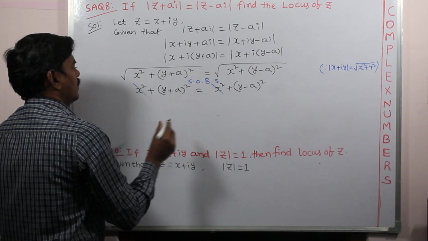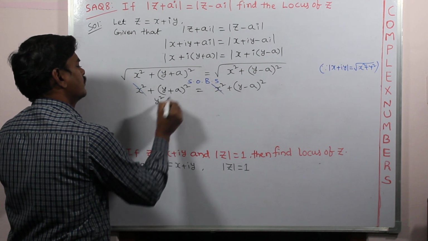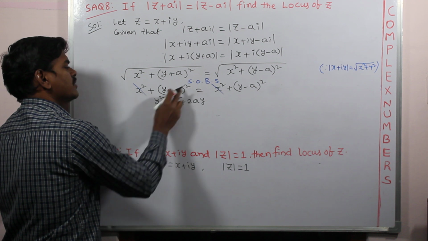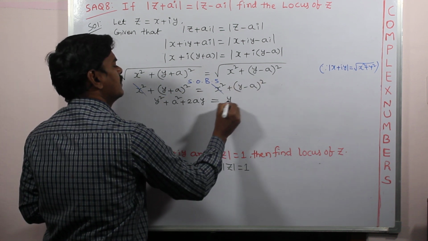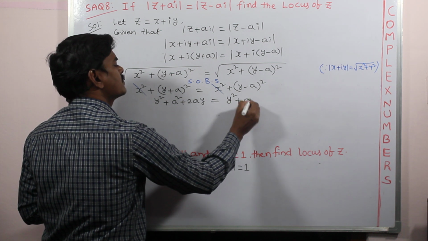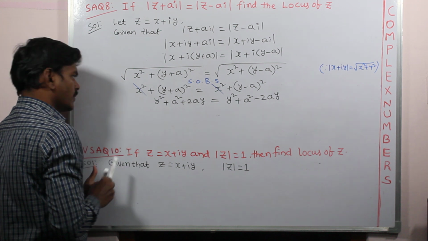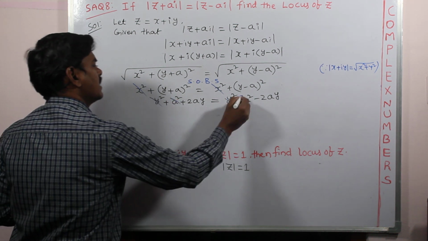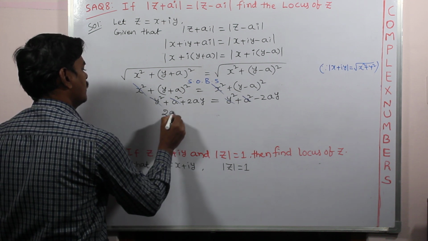Now (y + a)^2 is in the form of (a + b)^2 = a squared + b squared + 2ab, so y squared + a squared + 2ay. That equals, this is (a - b)^2 = a squared + b squared - 2ab, so we get y squared + a squared - 2ay. Now y squared plus a squared gets cancelled on both sides.